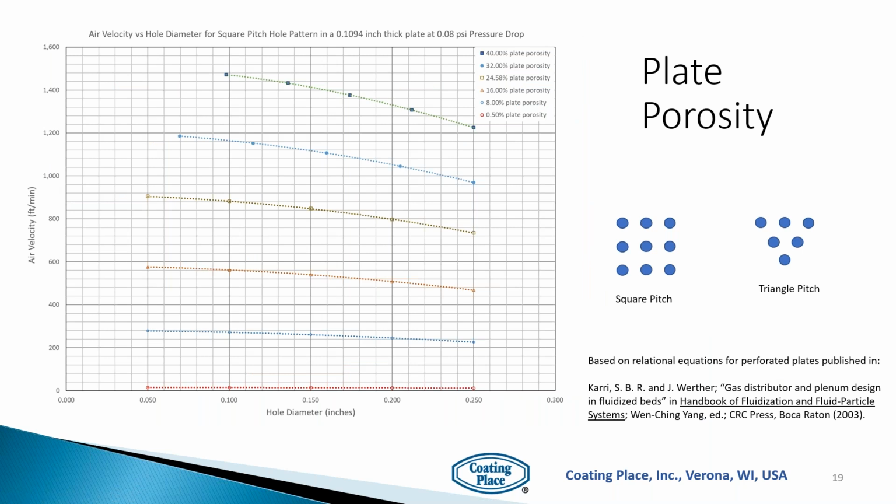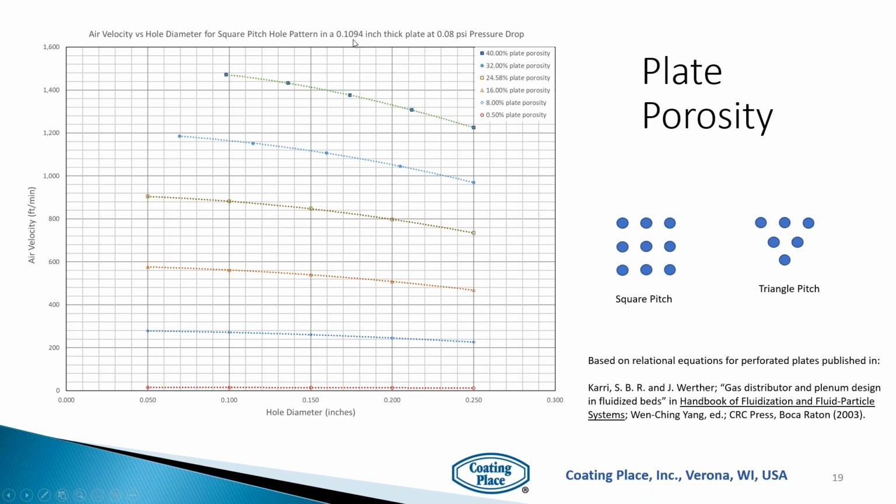So this is an interesting assessment, and what I did here is I looked at the air velocity in feet per minute above a perforated plate versus the hole diameter that's used to make those perforations. So if you look at the title here, it's a square pitch hole pattern, as shown on the right here.